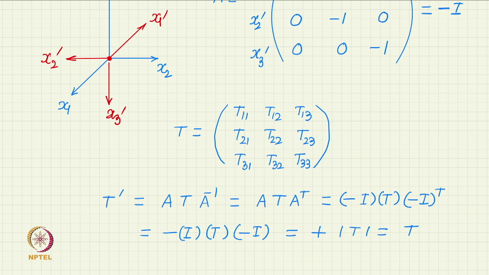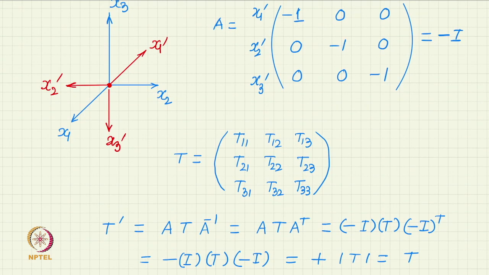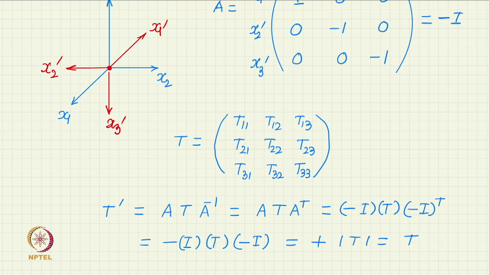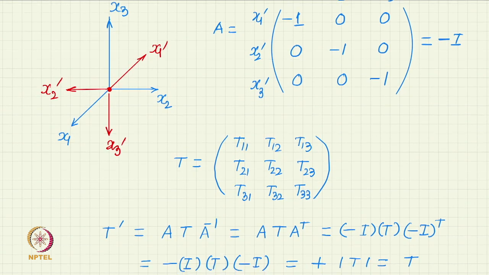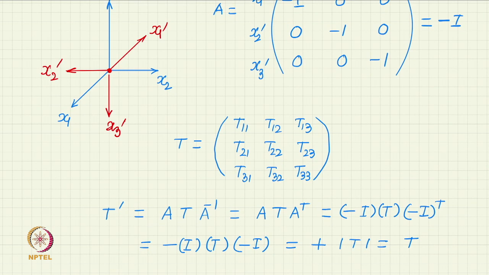And what was the coordinate transformation? The coordinate transformation was relating a center of inversion. So, that means the property has this center of inversion, and we did not worry in this derivation whether the crystal had this center of inversion or not. So, any second rank tensor property will always be centrosymmetric. Thank you.